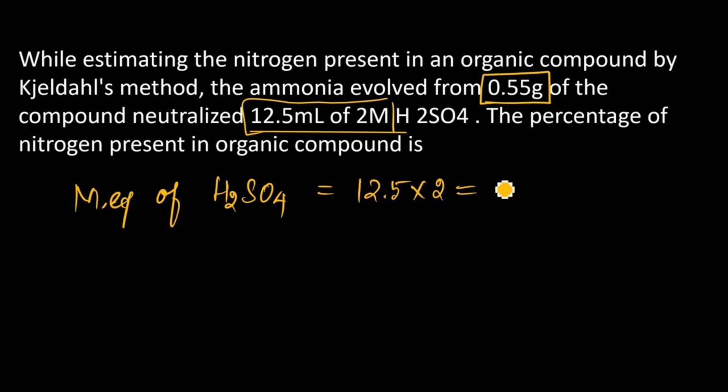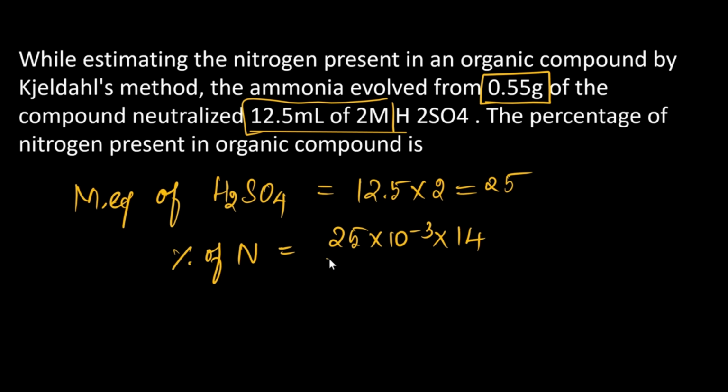So we are taking 25 milliequivalents, and percentage of nitrogen present in the compound is 25 milliequivalents times 10 to the power minus 3, into 14 for nitrogen, divided by 0.55, into 100 for percentage. So I am getting 63.6.